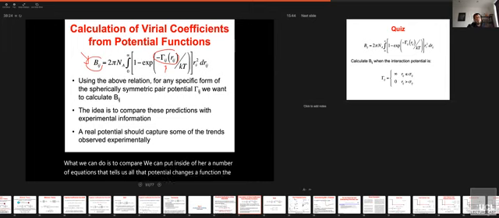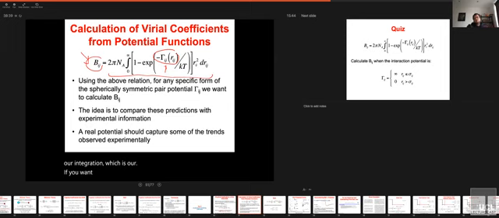We can do the integral, we can put 2 pi Avogadro number in front of it, and then we can compare the outcome of our integration, which is, if you want, our hypothesis of how two molecules interact with each other, with our experimental evidence that tells us how big or small that Bij is.